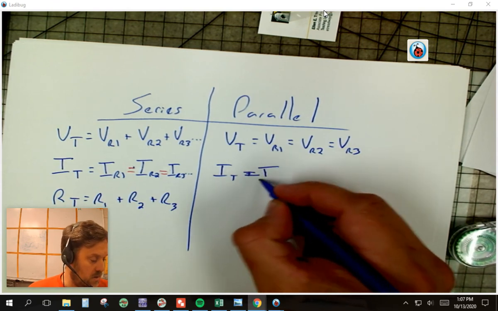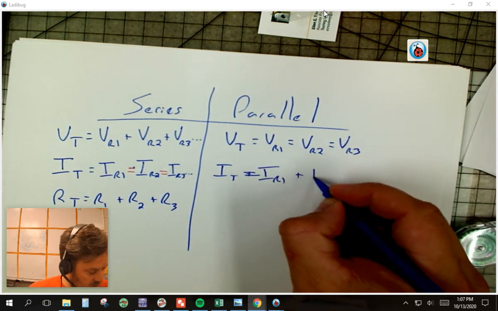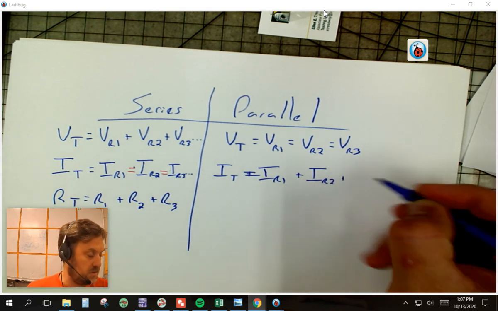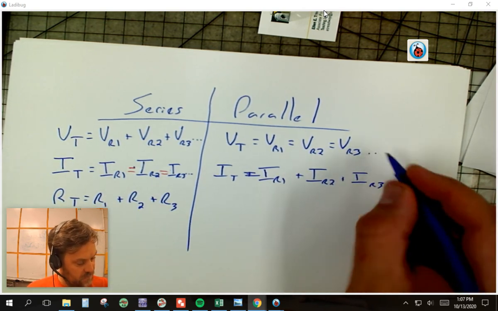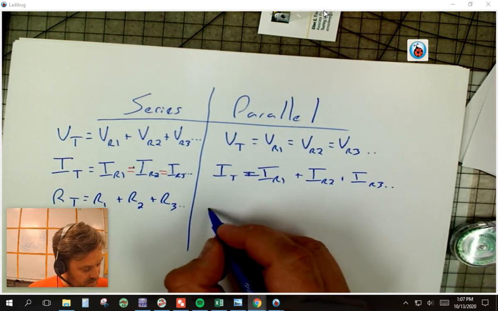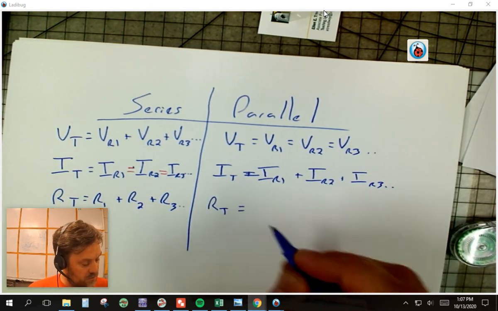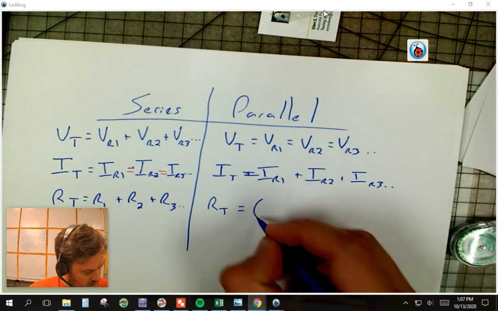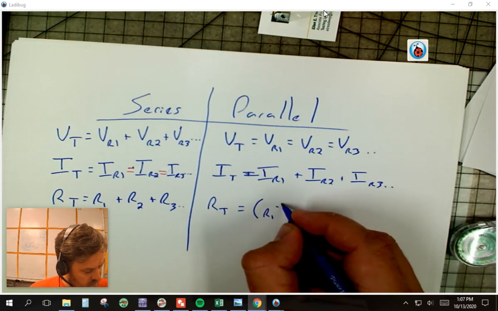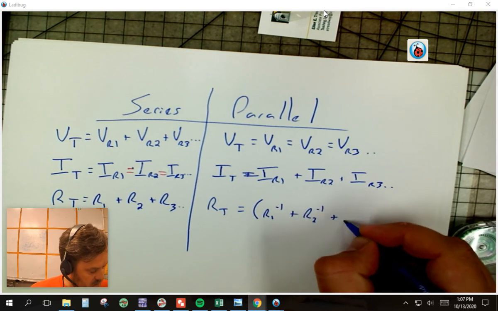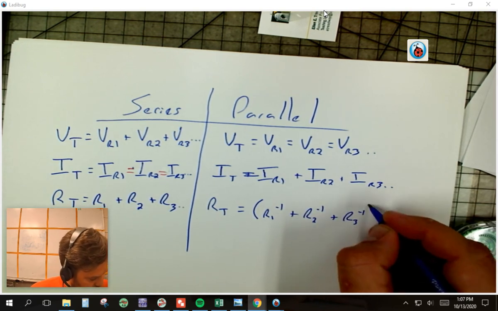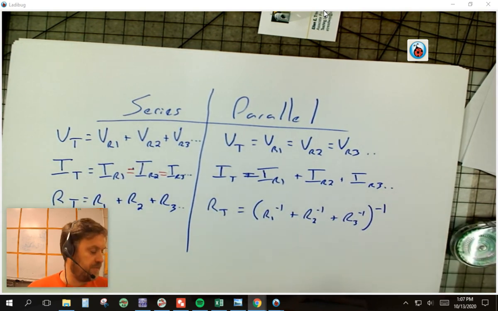So our current at resistor 1 plus our current at resistor 2 plus our current at resistor 3, however many we got. Okay. And then this is the funny one. Our resistance total is R1 inverse plus R2 inverse plus R3 inverse, and then the inverse of all that.